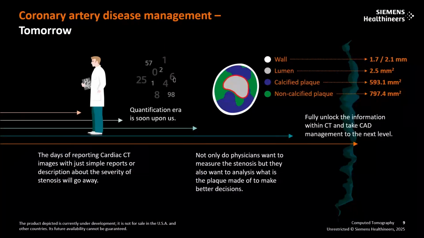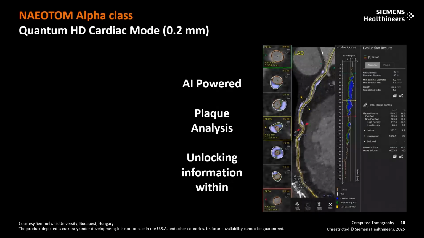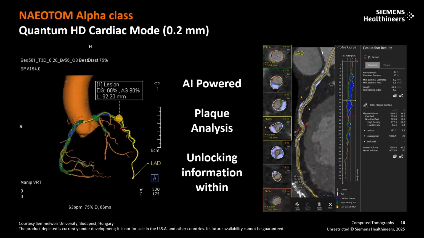But not only CT-FFR will benefit from photon counting technology. Today, we're also moving towards an era of quantified plaque analysis, right? We don't want to just do, hey, what's the stenosis grade, severity, but we actually want to see what this plaque is made up of and maybe be able to act on this. And there, we're going to have tools, AI-powered, which are going to make this as easy and seamless as possible so that plaque analysis information is readily available, but it has to be reliable.